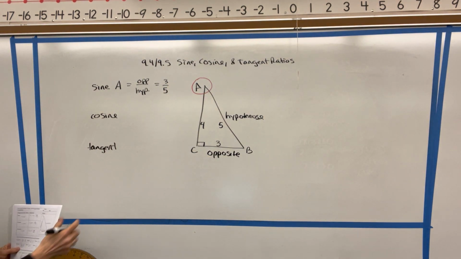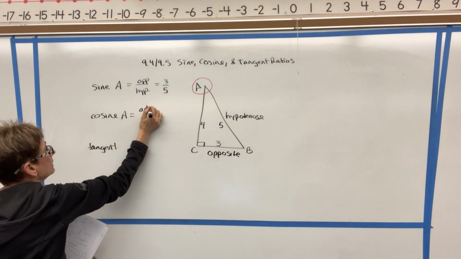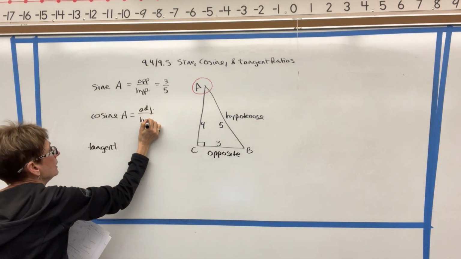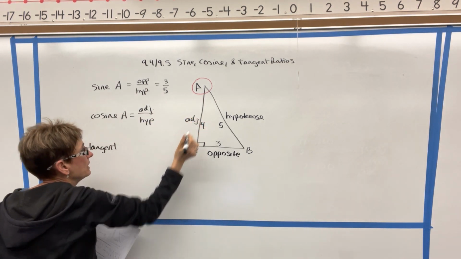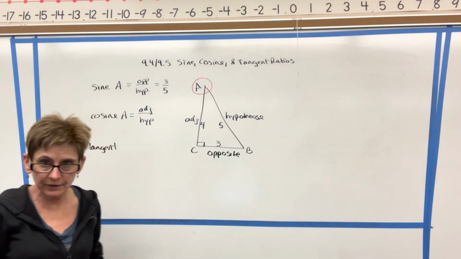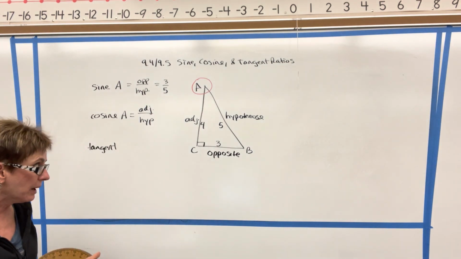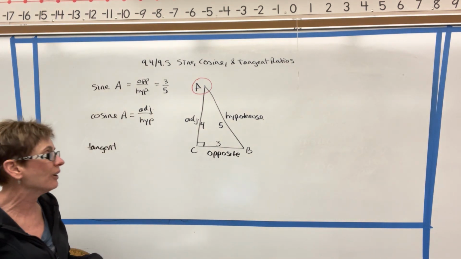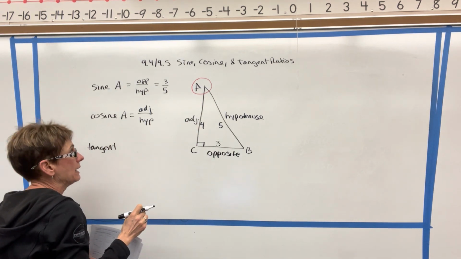Now, cosine of angle A stands for adjacent over hypotenuse. Adjacent is the side that is next to the angle, but not the hypotenuse. So technically, our hypotenuse is adjacent to angle A, but we don't call it the adjacent, we call it the hypotenuse. The adjacent is next to A, but is not the hypotenuse.